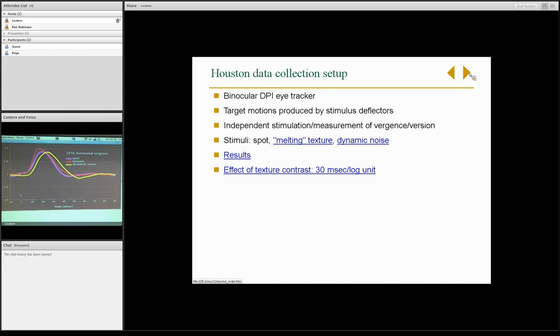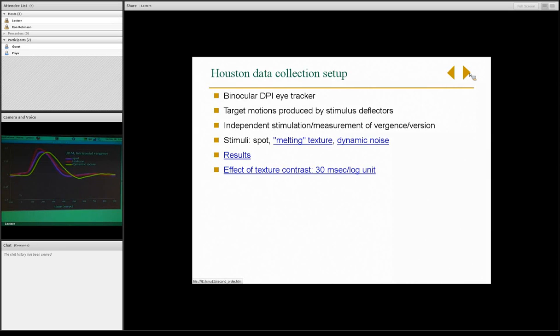Some of you may have seen the so-called magic eye stereograms, where you have to make your eyes go apart and you see this kind of figure pop out. That's sometimes called cyclopean perception, because you don't see it until after the inputs from the two eyes have been combined. This delay, 50 to 100 milliseconds between the yellow curve and the red one, represents the time required to do that binocular fusion, because you can't make the response to the dynamic noise until the two eyes have been fused.